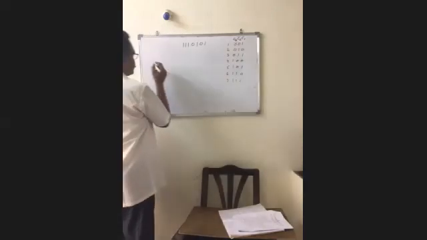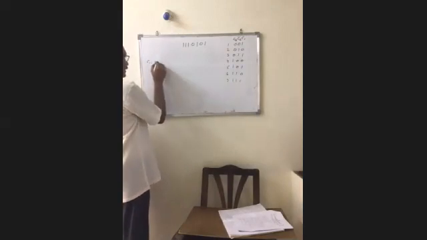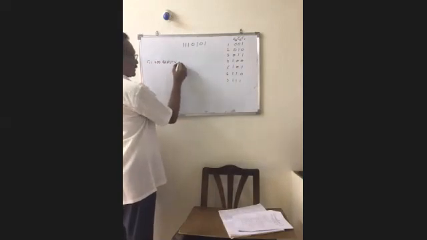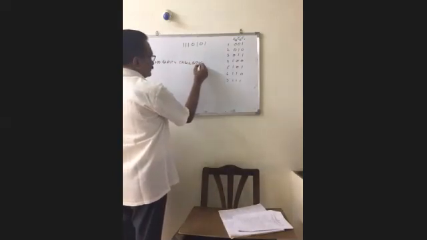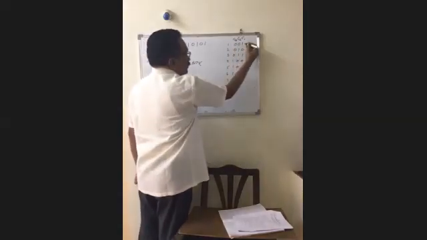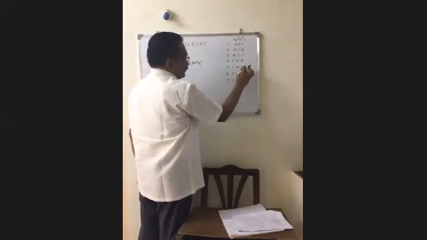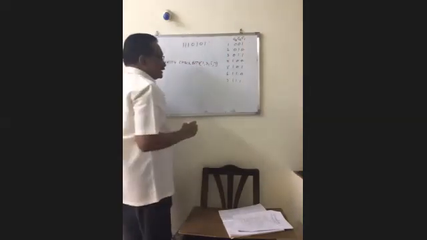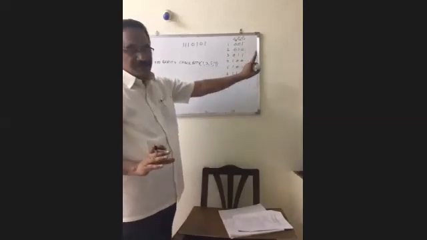So for C1, odd parity, not even parity. Observe this column: 1, 3, 5, and 7. In the case of parity bits, we exclude bit 1, but in the case of check bits, include 1 also.